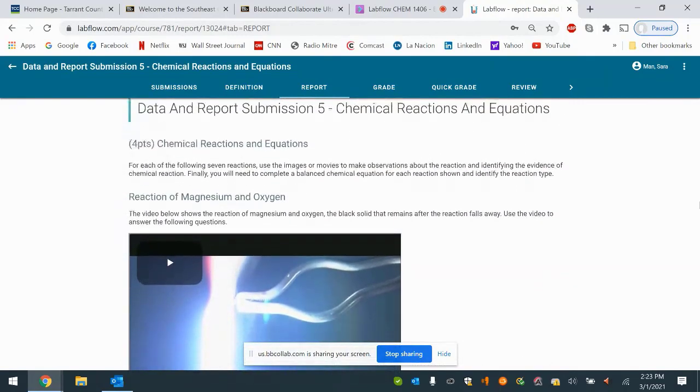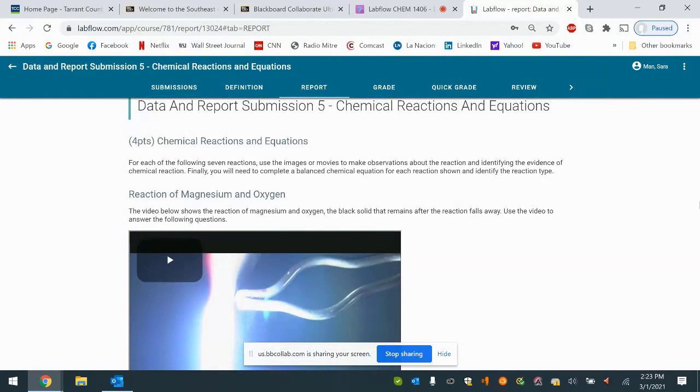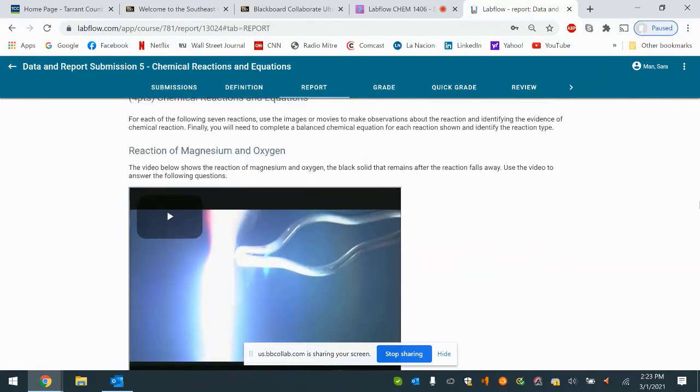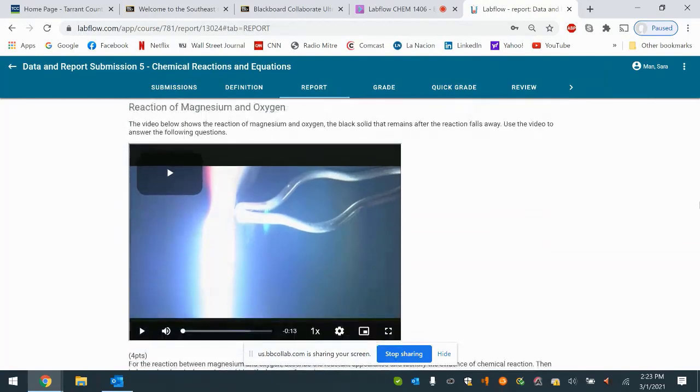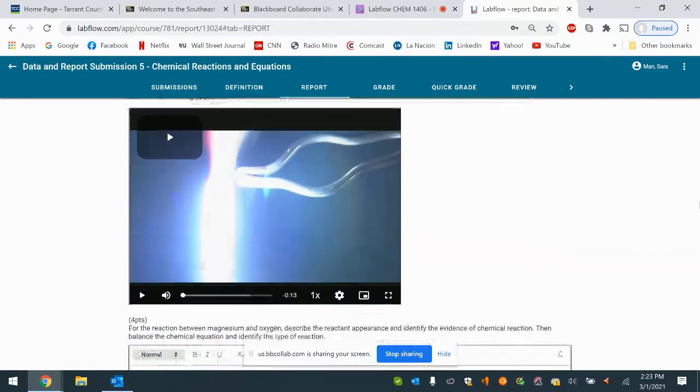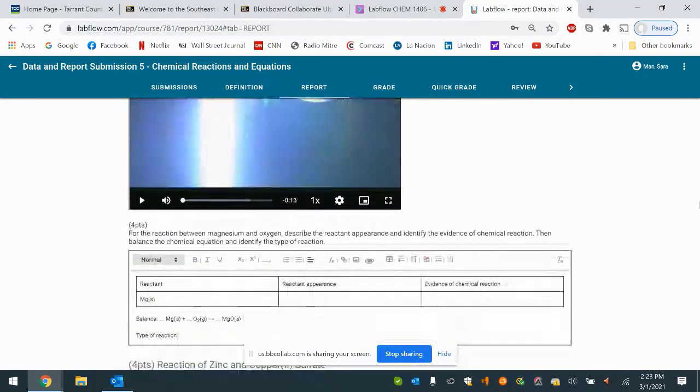When you get to this report in Labflow, you will have, as I said at the beginning, 7 different reactions where all you have to do is observe the reaction and write the appearance of the reactants before the reaction and after the reaction.